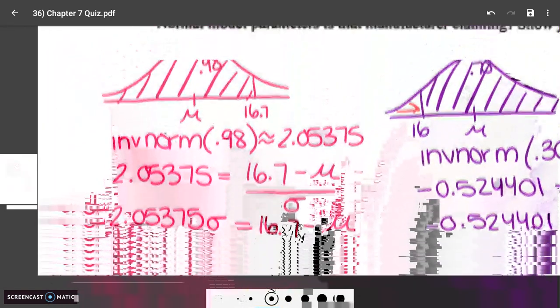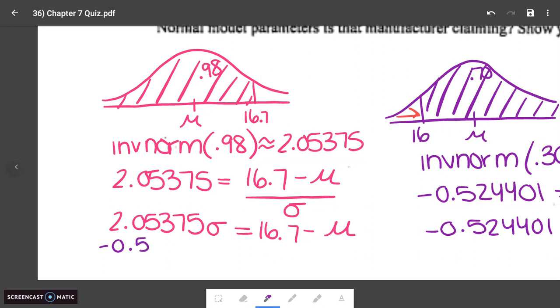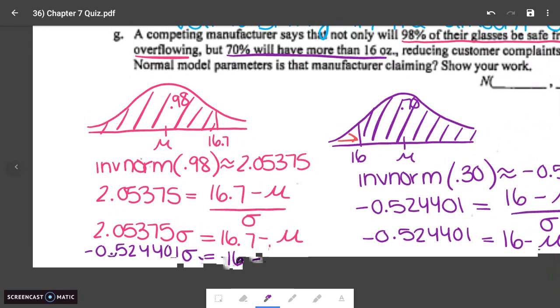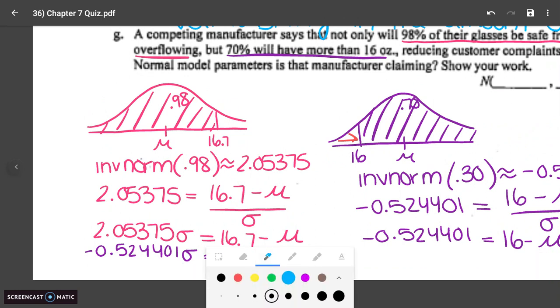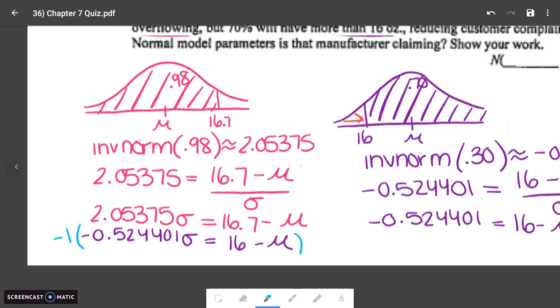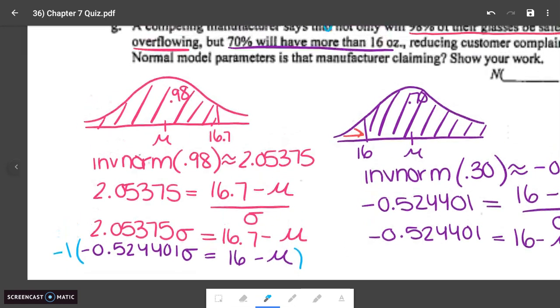So that second part that I calculated: 0.524401 theta equal to 16 subtract mu. Now, I only want to solve for one letter at a time if I can avoid that. So I'm going to multiply this whole bottom piece by a -1, which means I'm going to change all my signs here.